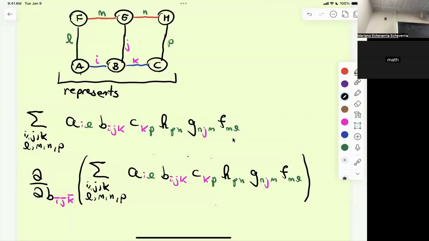So these are just regular partial derivatives. Anything that doesn't depend on b is a constant. So you get the partial derivative of b_{ijk} with respect to b_{i bar j bar k bar}, and that's going to be like a Kronecker delta.